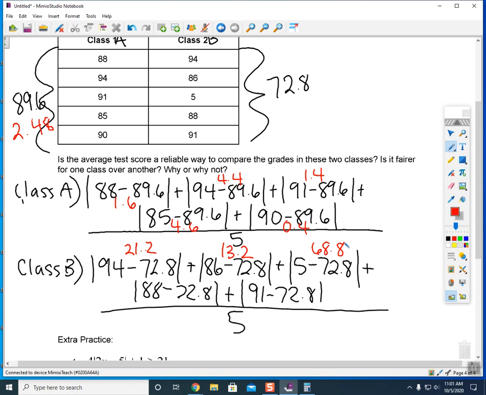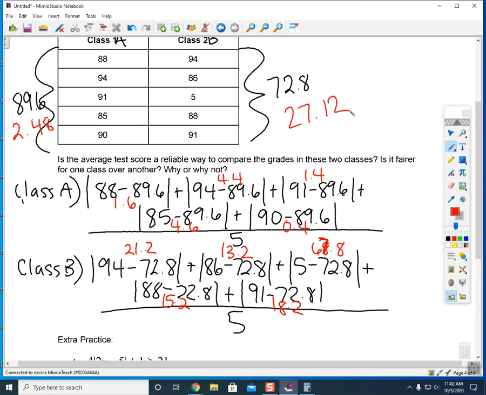Oh, I just did 68.8, 67.8, 15.2, and 18.2. This one's a little longer, so I just went ahead and did this one also. So when I add all these up and divide by 5, I should get 27.12. Okay, so now I have all the information that I need to evaluate where I'm at with this.